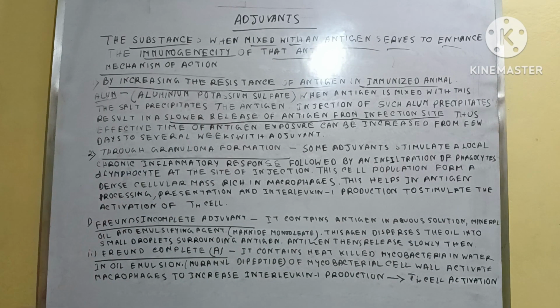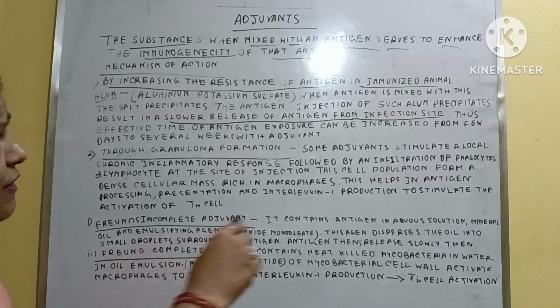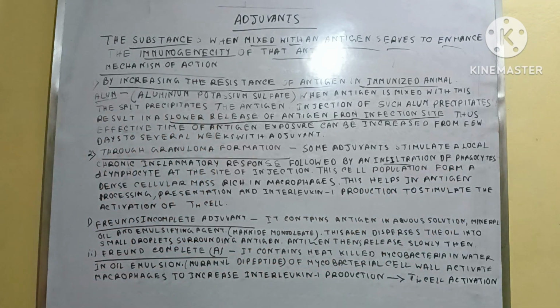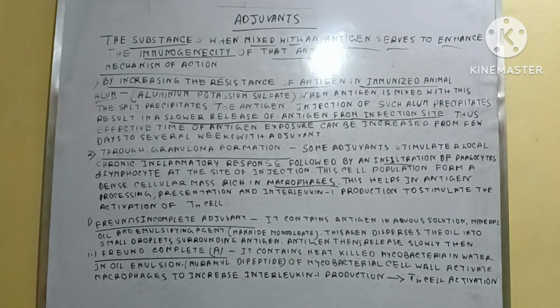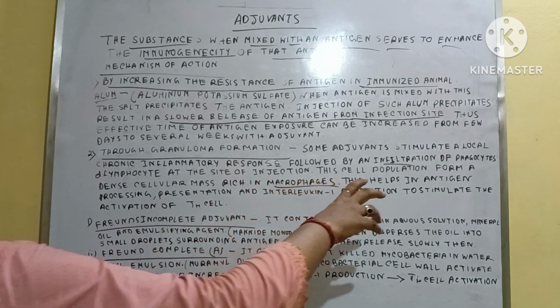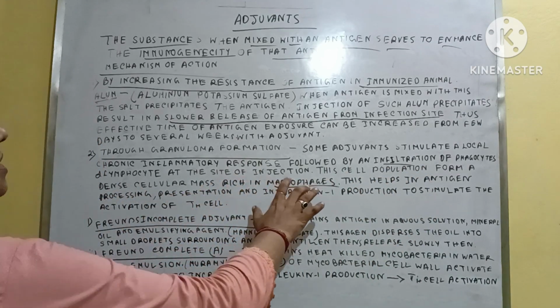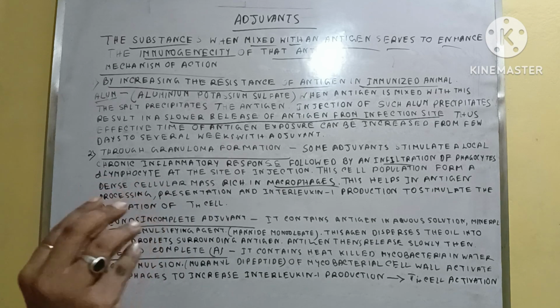The second one is granuloma formation. After injecting this into any body part, what will happen? Inflammation occurs, or swelling is seen, and the swelling is nothing but a cell mass containing macrophages.